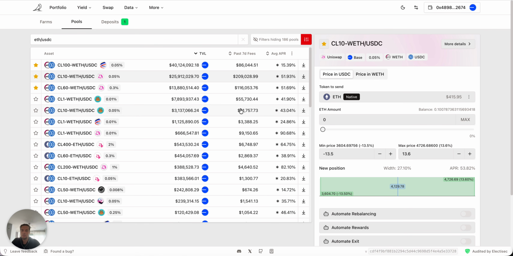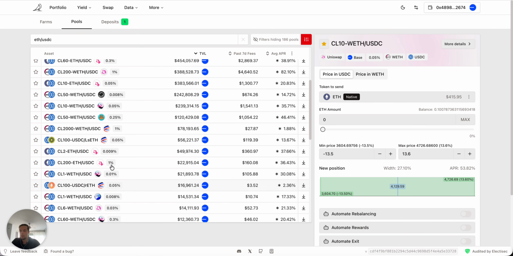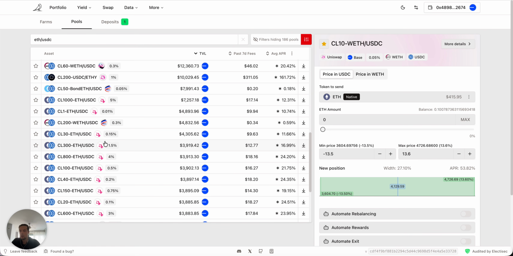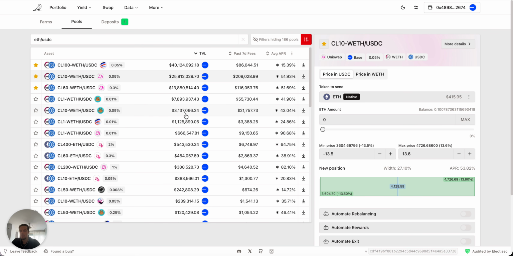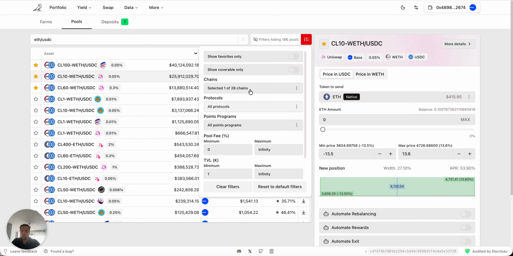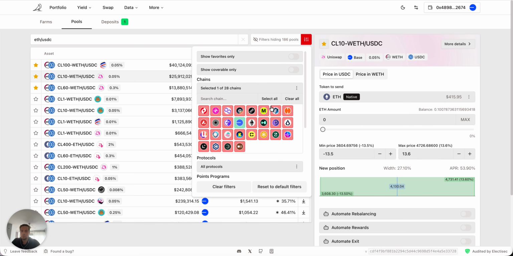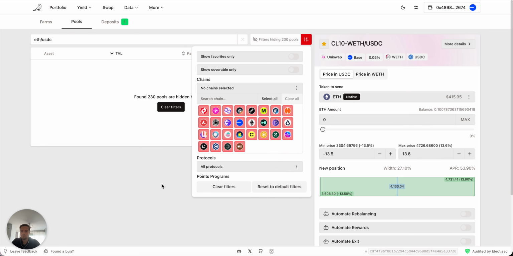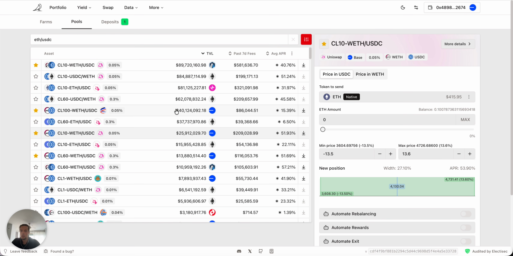You can always scroll and see the rest of the pools on other places as well, but the highest ones are definitely these ones. And you can choose between different chains as well, and you can find a lot of different opportunities.